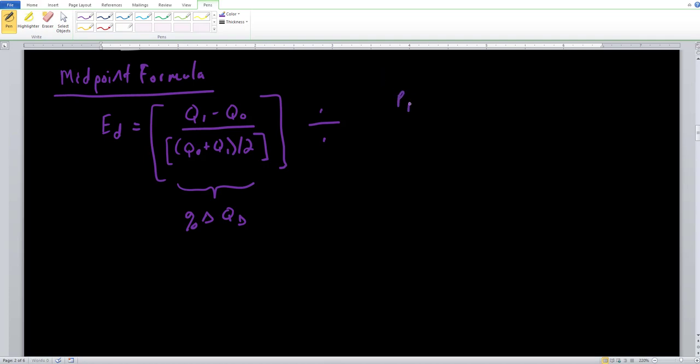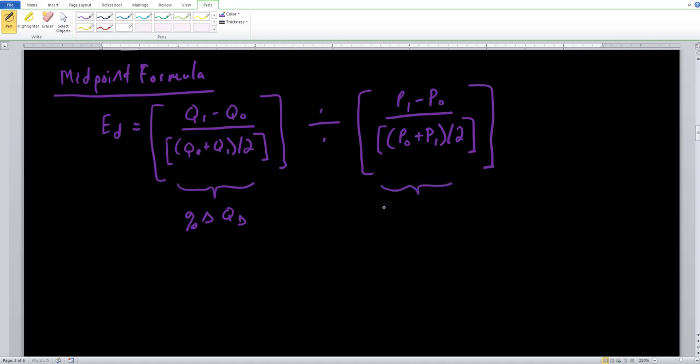So we have P1 minus P0 divided by P0 plus P1 divided by 2, and use the same bracket notation right here. And once we have this, this is going to be our denominator, and this is the percentage change in price.